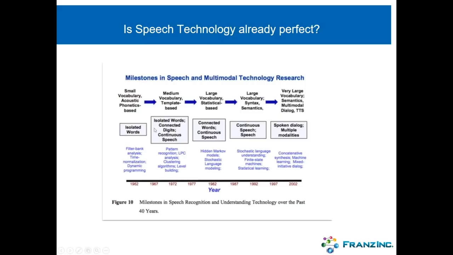So that was the state in 72, and then we got better. We got connected words, continuous speech, and in 2002 we got to the point where you could do spoken dialogue, in very controlled situations.